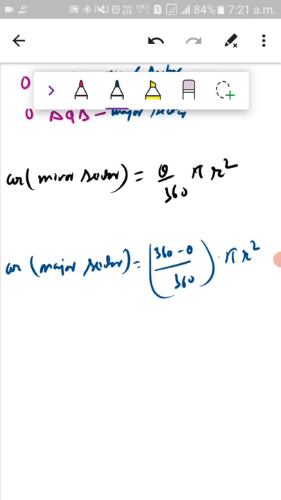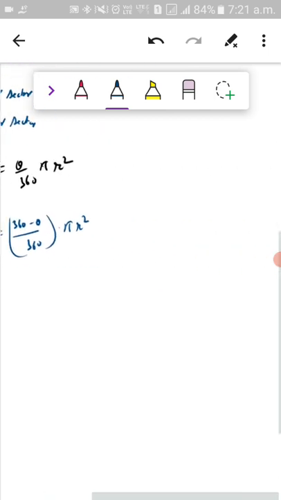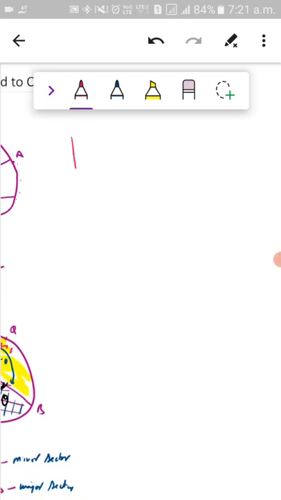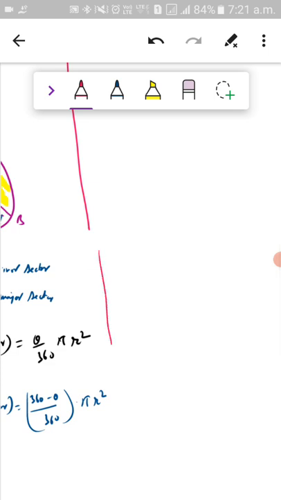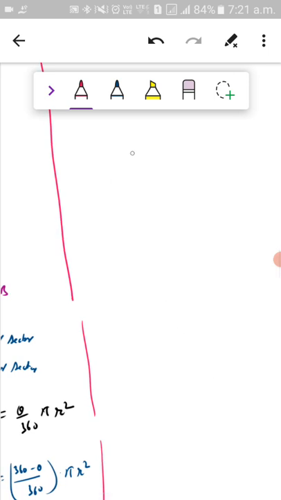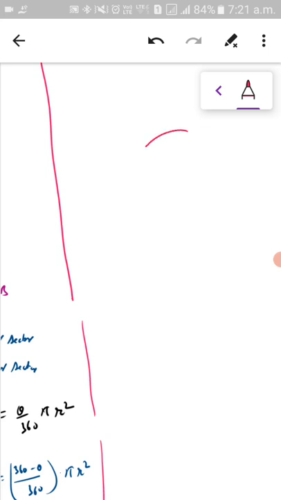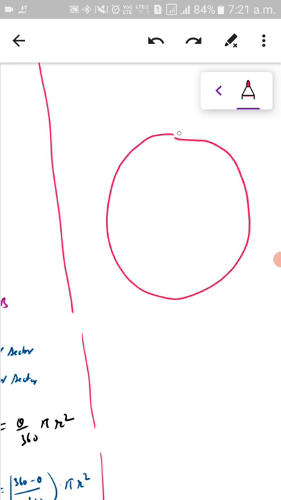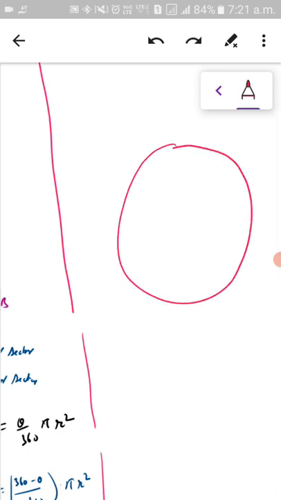Now the second important thing that we are going to discuss is area of a segment. We are having a circle, suppose this is the center O. So what is a segment?